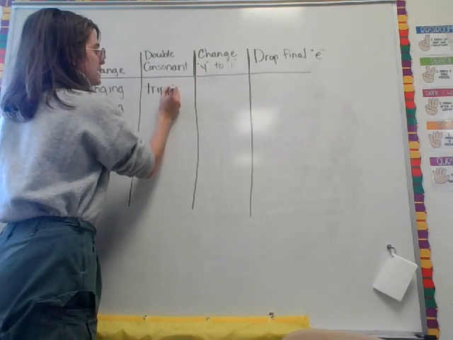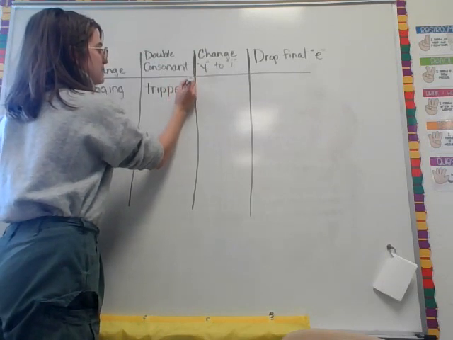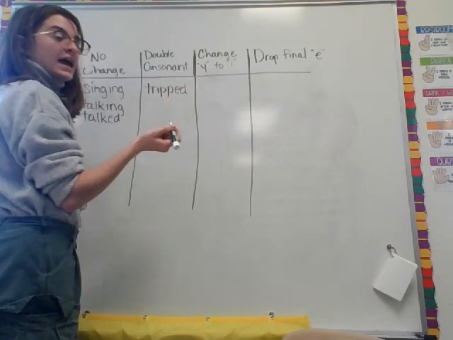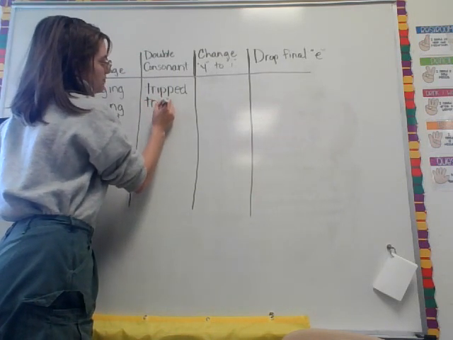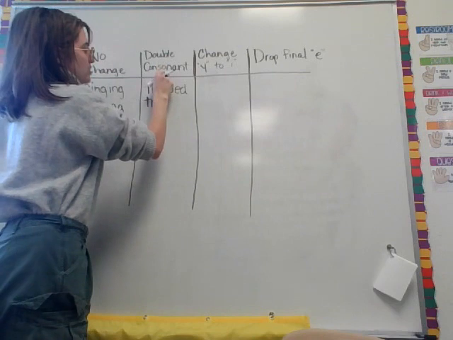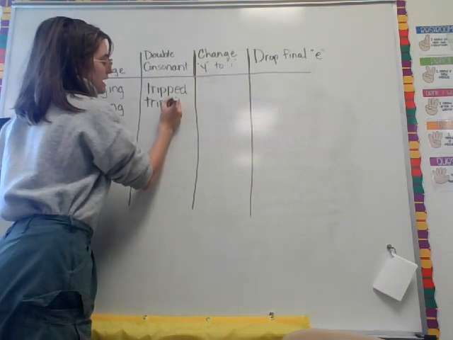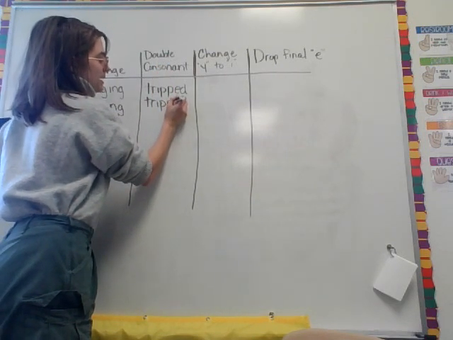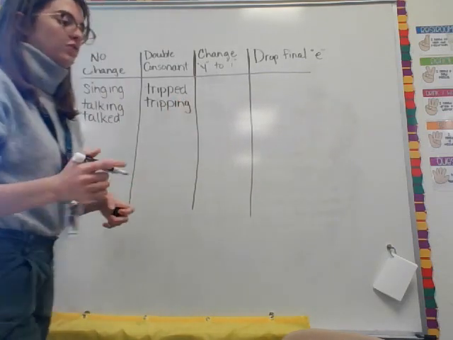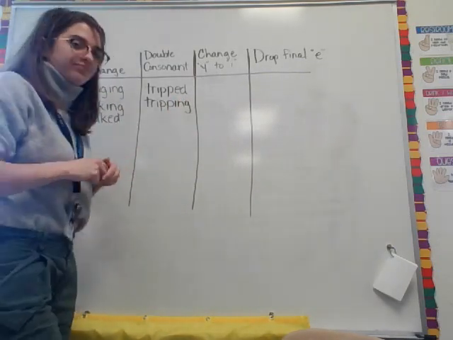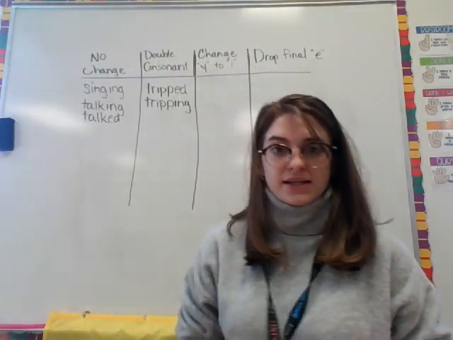So we add a P, and we add ed to make the word tripped. We do a very similar thing for adding ing: T-R-I-P, then we double the consonant, which is the ending P, and we add ing to make it tripping. I am currently tripping over myself, or I tripped down the hallway. Either past tense or present.